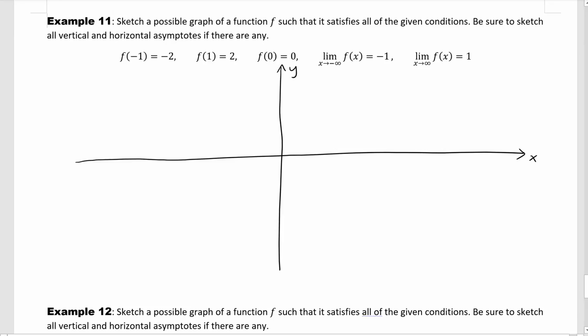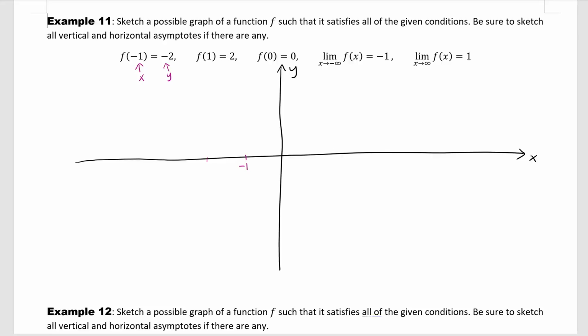Okay, so now let's draw for each piece of information. What does this information tell us? See, this is the x value and this is the y value. It tells us when x equals -1. So remember, some of you don't write the number, you just put the scale. No, everybody, you must put down the number as well. Don't just draw the scale there without indicating what it is.